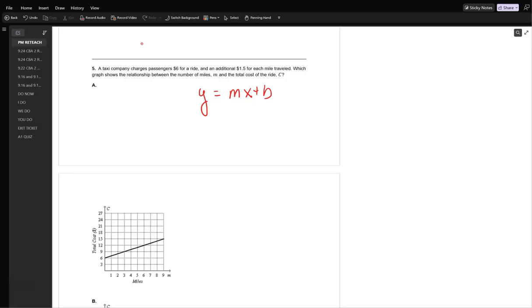Okay, after thorough reading, we essentially have a slope of 1.5 plus 6, and we can go and substitute and say okay, so we're looking for B, a y-intercept.